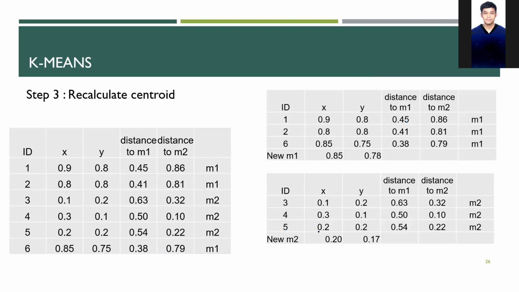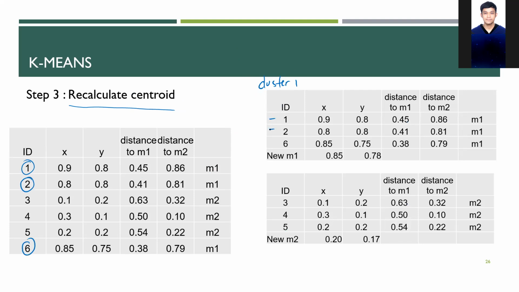Okay, and then after we assign the data, we have to recalculate the centroid. So how do we calculate the centroid? We calculate the average of the data points in one cluster. This is for cluster 1. For cluster 1, we take all data belonging to cluster 1: data 1, data 2, and data 6.